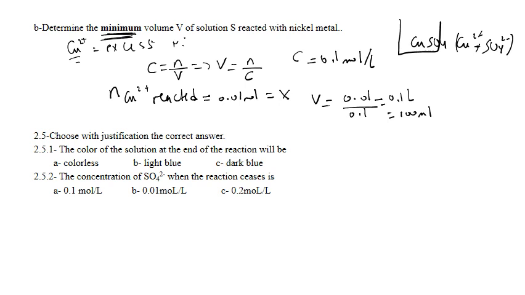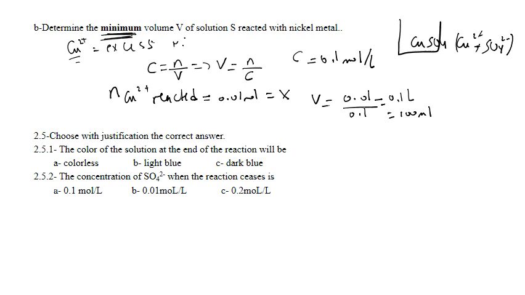But if the question was to calculate the volume of solution S added to the beaker at time equals 0, we can use the number of mole of copper sulfate initially added, which is equal to 0.02.